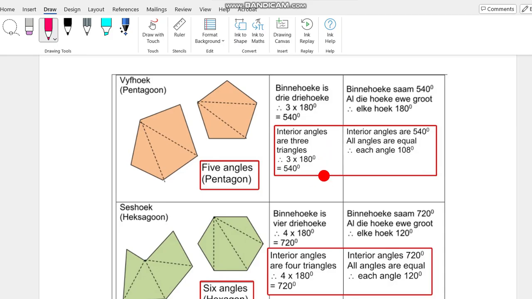But you can't tell me what the angles actually are. You can only tell me what the co-interior is. With the regular shape, it's the same concept. We have 5 sides, which are all the same. So I can take the 540 and divide that, and you get 108 degrees for each angle.